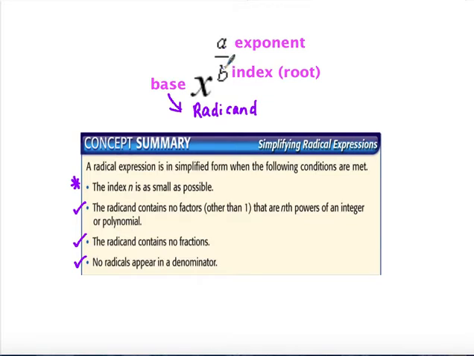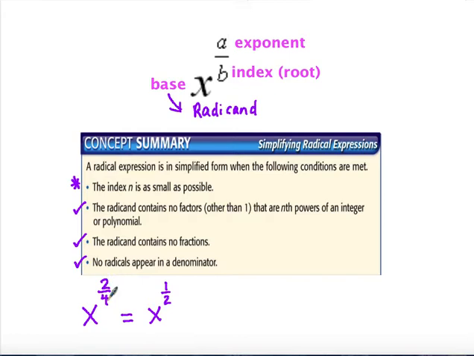How could that be? Let's say, for an example, I have a number and it's to the 2/4 power, where it's the 4th root of a number being squared. What I can simply do is reduce and make that x to the 1/2 power.